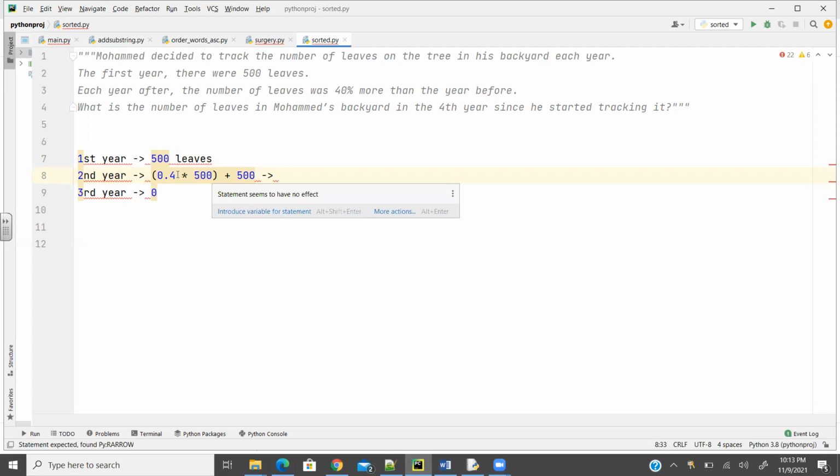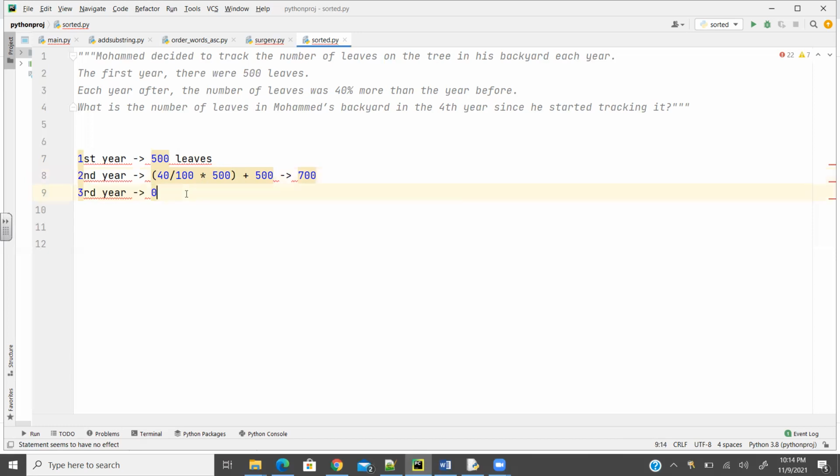Let me have it this way: 40 over 100 times 500 plus 500. So that gives us 200. This is 200 here. And then I add 200 to 500. That's 700. So in the second year, the leaves were 700.